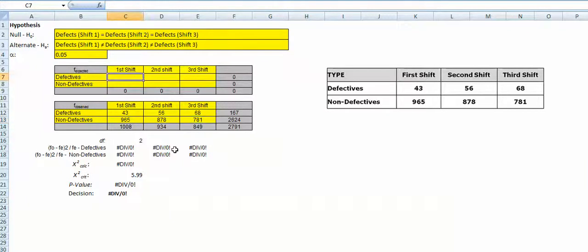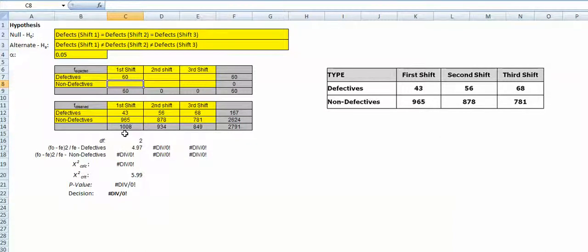The first thing we're going to notice is we've got 167 defectives out of 2,791, and we would expect to see that same ratio across all 3 shifts. So we're going to just go ahead and key that in. So it's 167, and we'll divide that by the 2791. But then we need to multiply it, of course, by the number of units that were observed or collected in shift 1, so 1,008. So we'll just go ahead and put that in there.